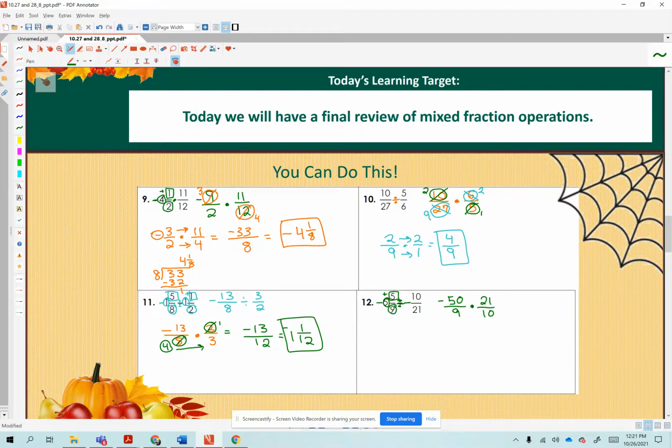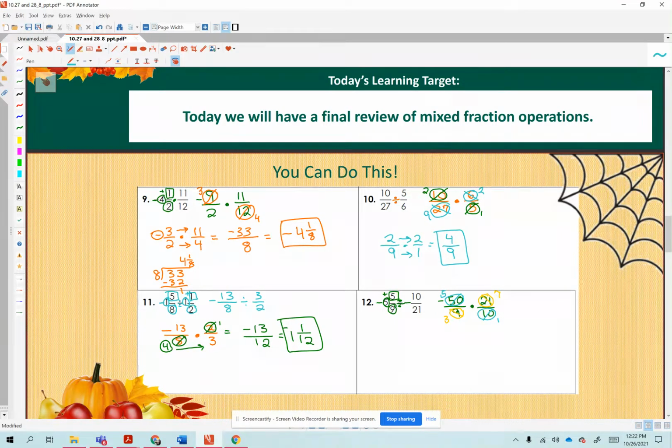Now there's a lot we can do here to simplify this. We see that 9 and 21 are both divisible by 3. So 9 divided by 3 is 3, and 21 divided by 3 is 7. We also see that 50 and 10 are divisible by 10. So 10 divided by 10 is 1, and 50 divided by 10 is 5.